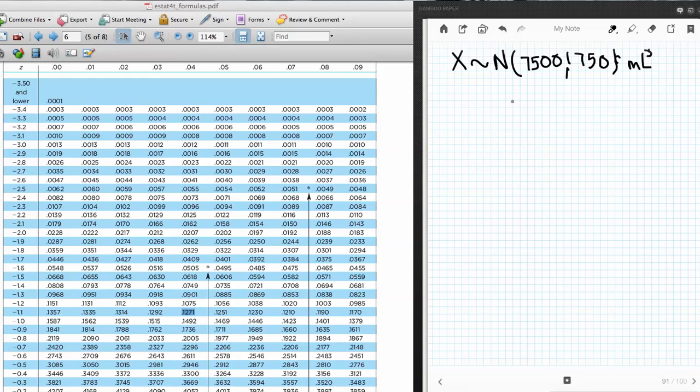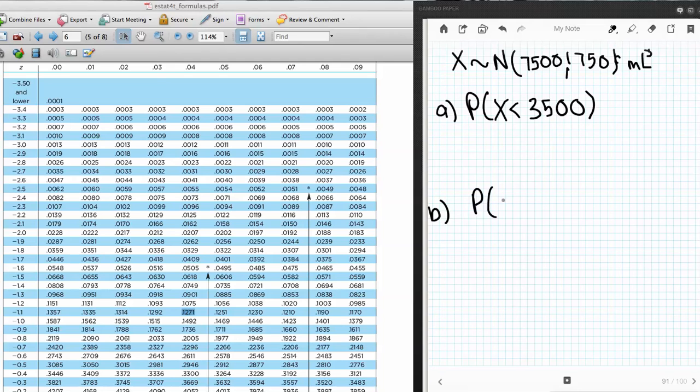It says, what is the probability that on a single test X is less than 3,500? So that's what we're looking at on that one. The second question says, suppose that a doctor uses the average of 2 tests.